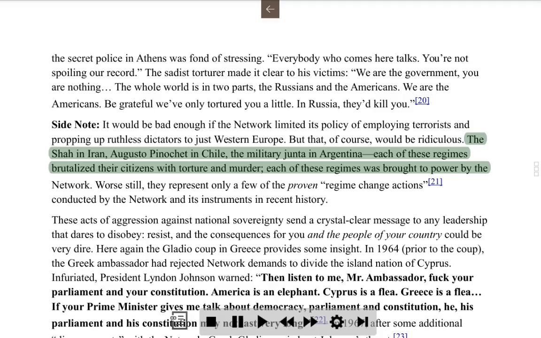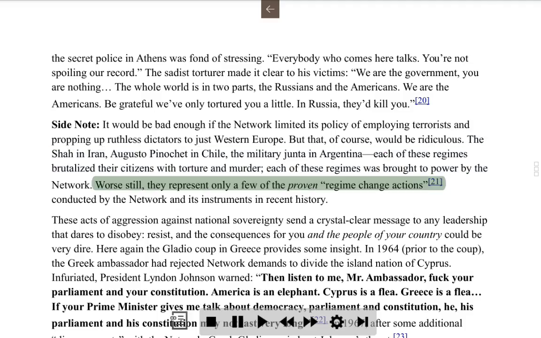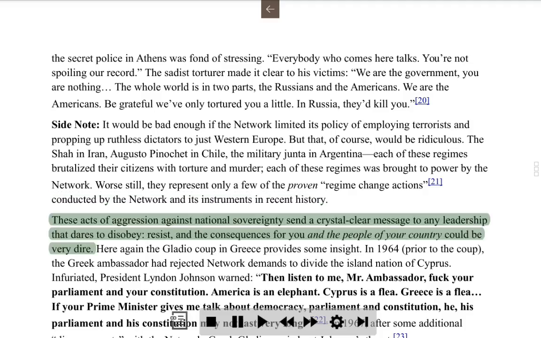Each of these regimes was brought to power by their network. Worse still, they represent only a few of the proven regime change actions, 21, conducted by the network and its instruments in recent history. These acts of aggression against national sovereignty send a crystal clear message to any leadership that dares to disobey, resist. And the consequences for you and the people of your country could be very dire.